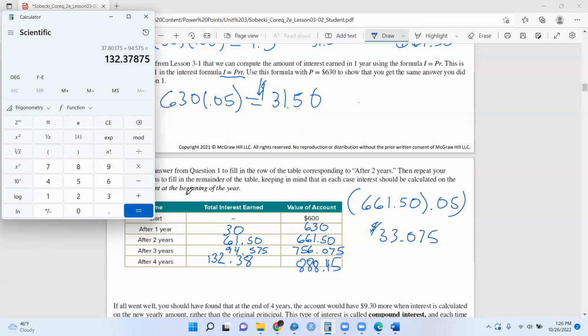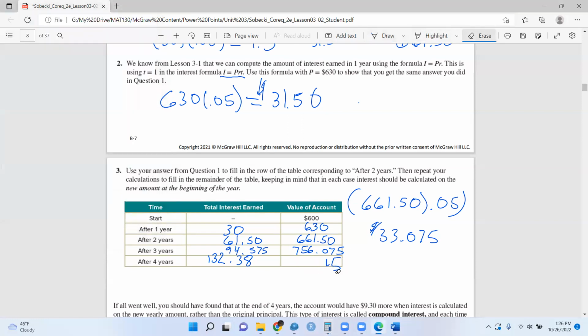Oh, right. I'm supposed to add this 132 to 600, not the previous balance, because that's the total interest earned off of the whole thing. I'm sorry. So our real answer here is 732.38. No, what? Oh, I did this one wrong too.